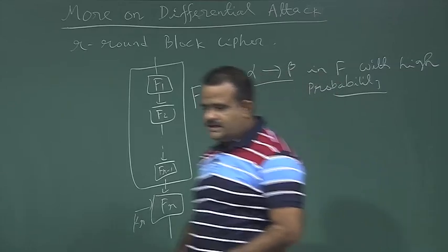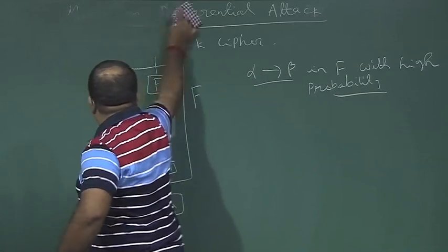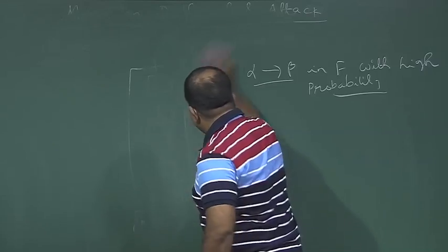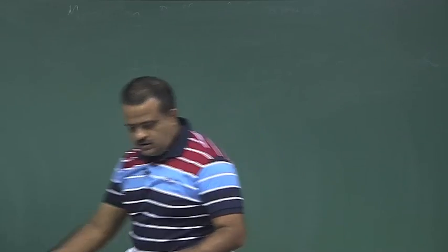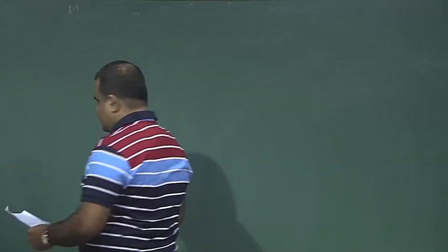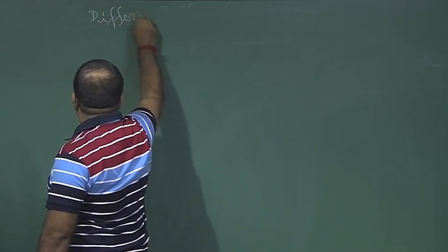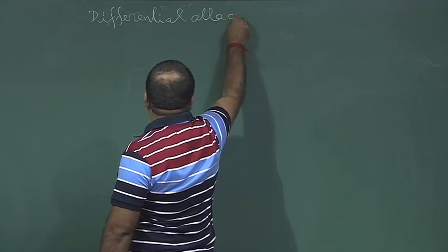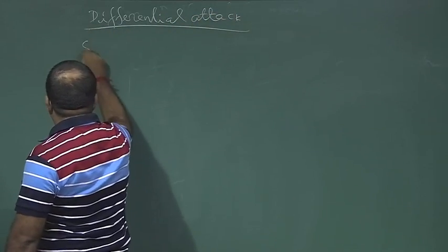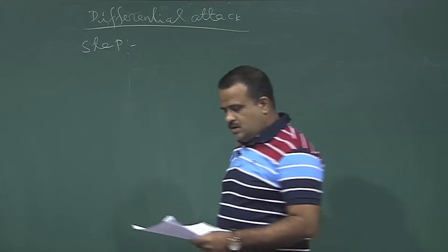Let us write the steps of this attack. Step 1: this is the differential attack on an R round block cipher. In the first step, we try to find alpha and beta.